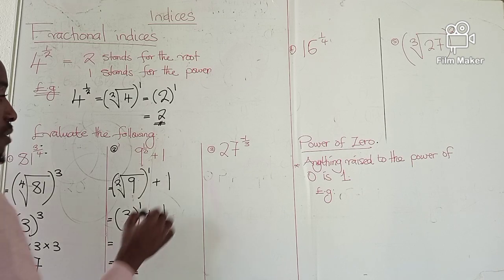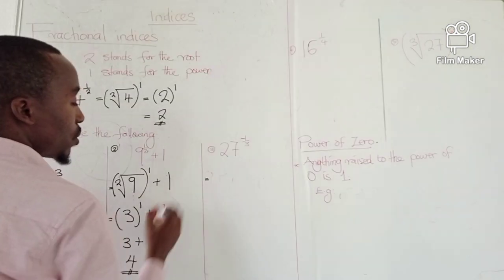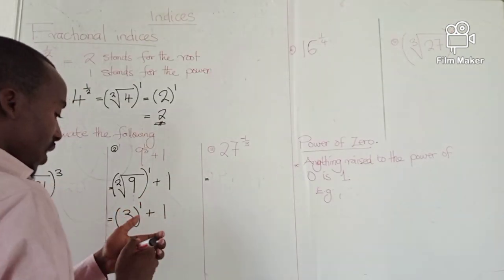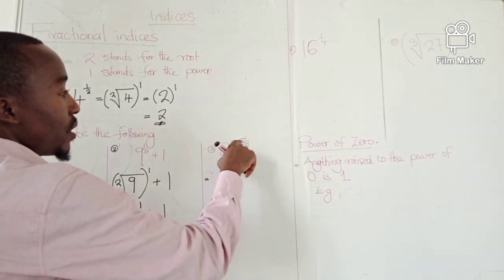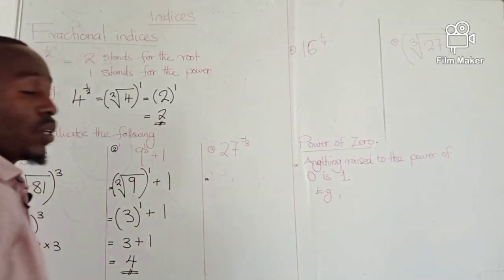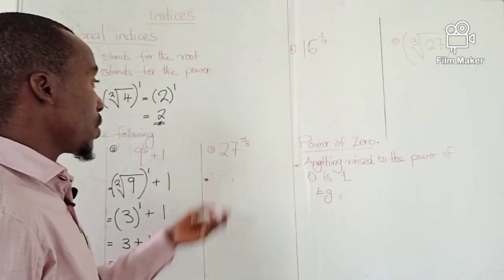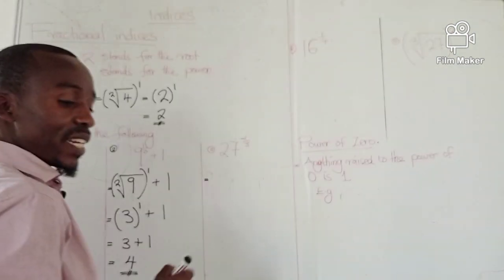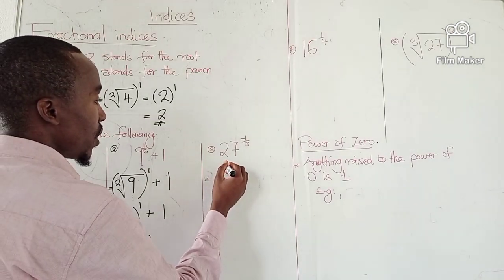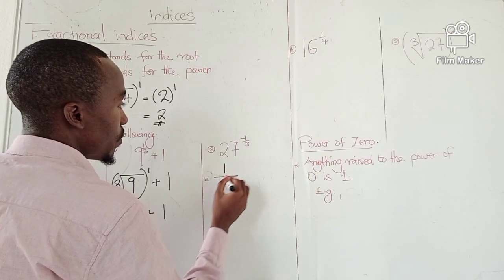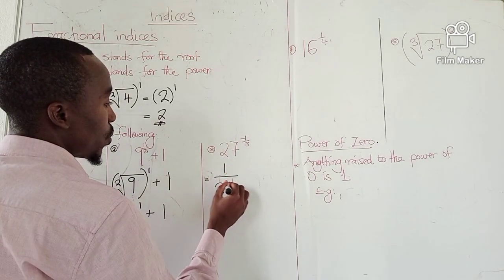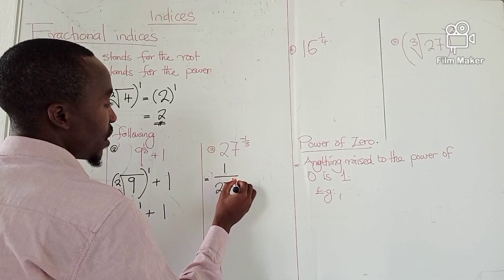Number 3. Here we have the negative sign. 27 to the power of negative 1 over 3. Now, when an index is raised to a negative, to get rid of this negative, we're going to say 1 over 27 to the power of 1 over 3.